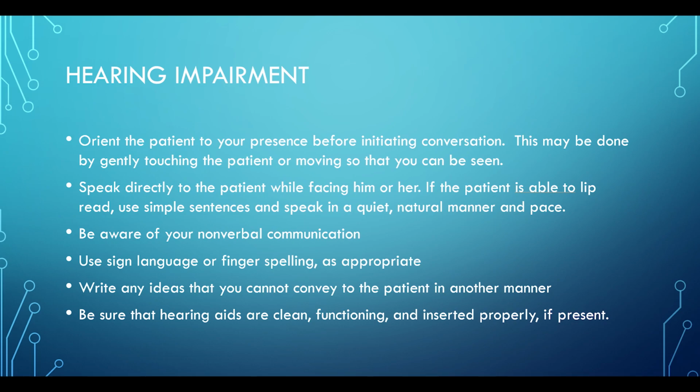Be aware of your nonverbal communication and gestures. Use sign language or finger spelling as appropriate. You can use electronic sign language translators if one is available. Write any ideas that you cannot convey to the patient in any other manner. Be sure that hearing aids are clean, functioning, and inserted properly if present.